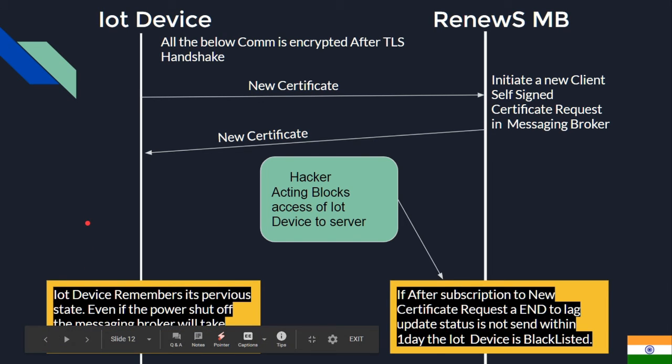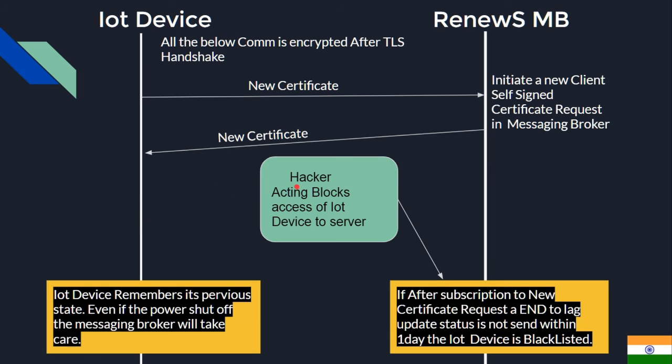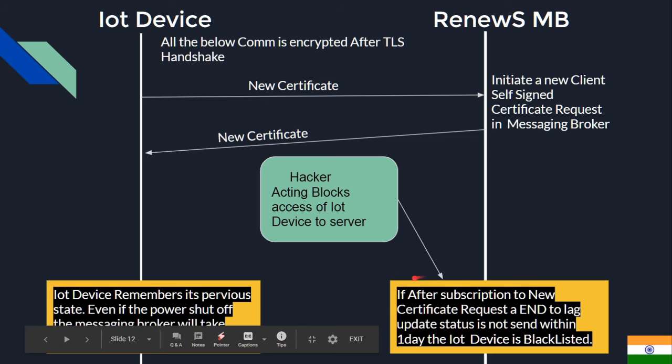Okay, so as you can see, if the hacker is acting like an IoT device, then this would keep a check on the activity of the network. If after subscription to the new certificate request, the update status is not sent within 1 day, the IoT device is blacklisted. Okay.